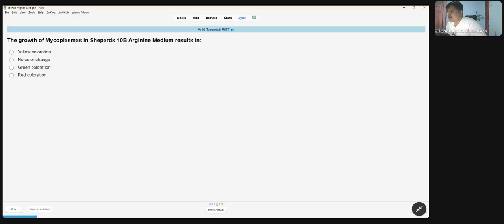So Shepherd's Denby arginine medium for mycoplasma is red. Red coloration. Alright. Good. I'm gonna highlight that. Sterols, pleomorphic, smallest free-living organisms, slow diffusion, no direct method, calcium alginate, Dacron swabs, neutral red.